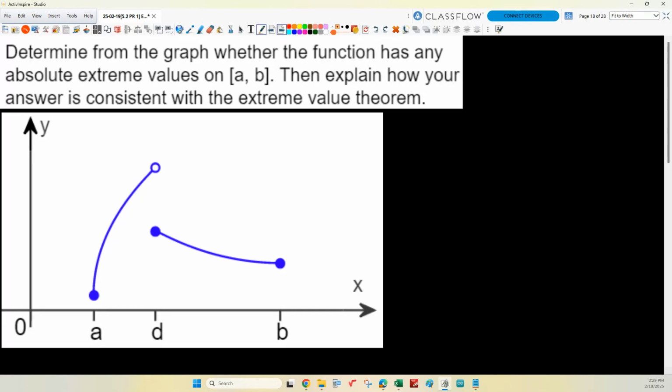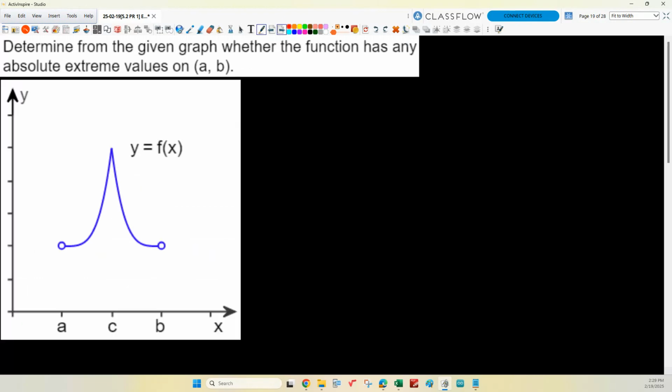Agreed? Okay. Does it have an absolute maximum? No. Okay. Does that function have an absolute minimum? No. Absolute maximum? Yes. Okay.